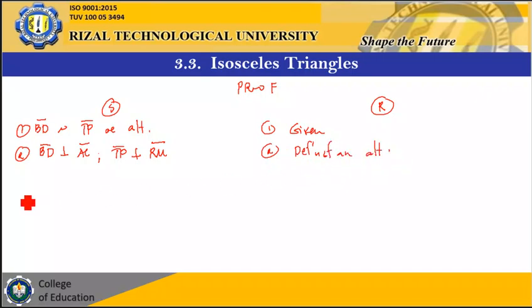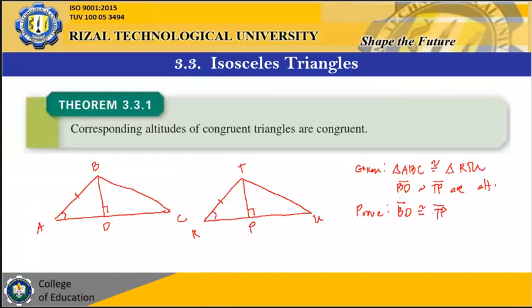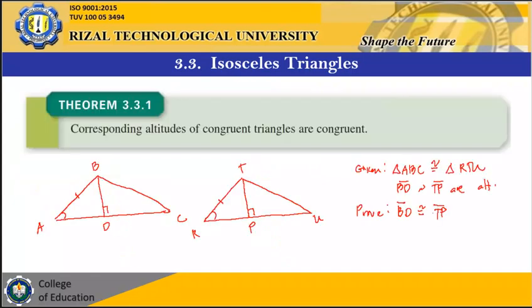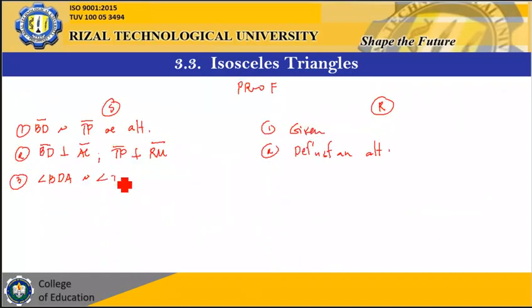Okay. Now, since we know that BD is perpendicular to AC and TP is perpendicular to RU, we can say that angle BDA and angle TPR are right angles. Okay, and that is the definition of perpendicular lines.